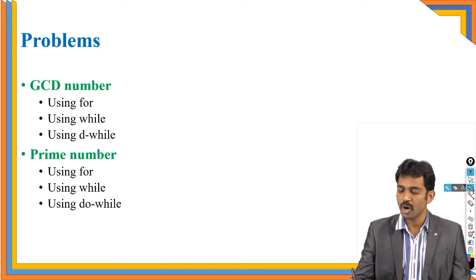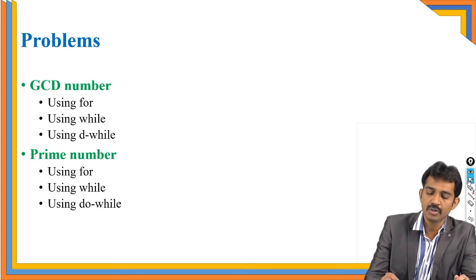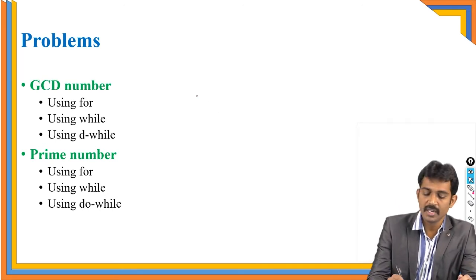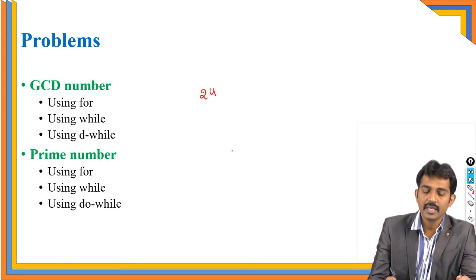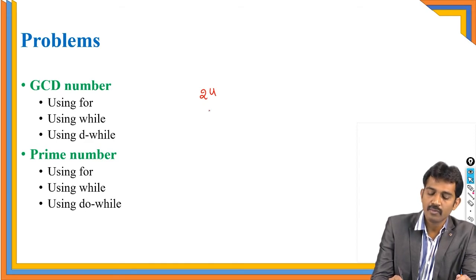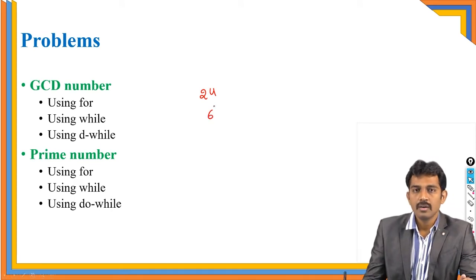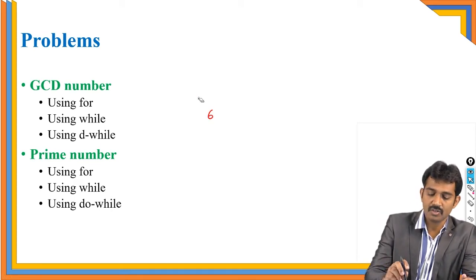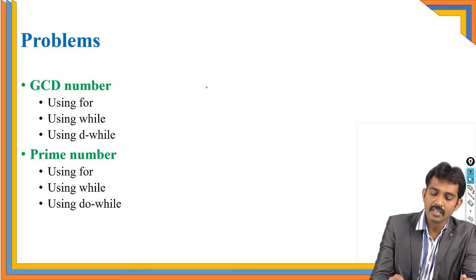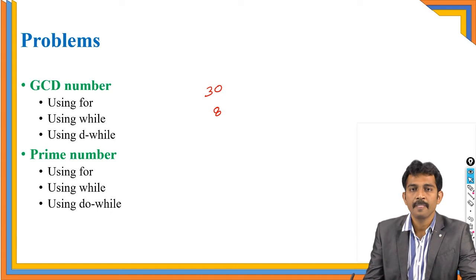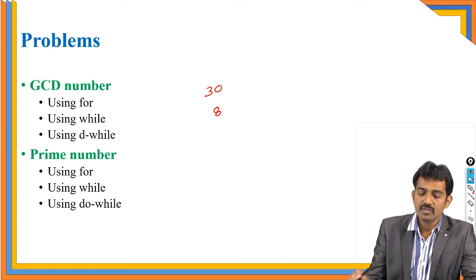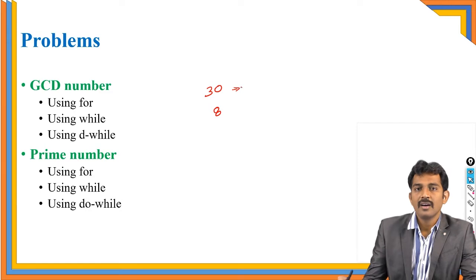What is a GCD? It means greatest common divisor. For example, if you consider two numbers, 30 and 8. What is the GCD of these two numbers? GCD means first you find the factors.